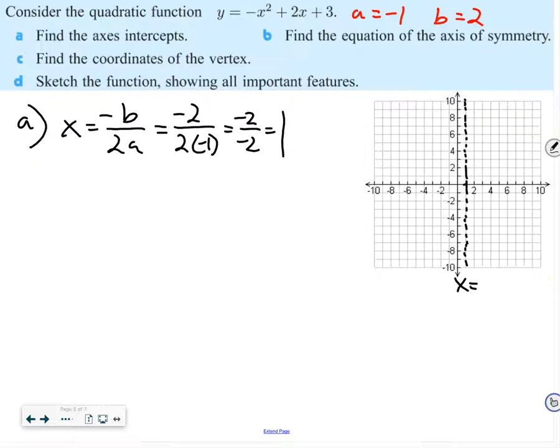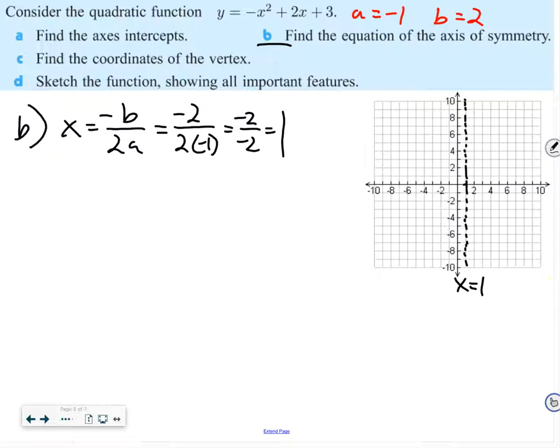This is my axis of symmetry. In part B, find the equation of the axis of symmetry. Oh wait, that was my part B. Okay, I found my axis of symmetry.